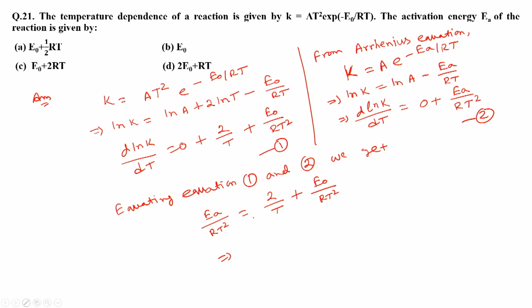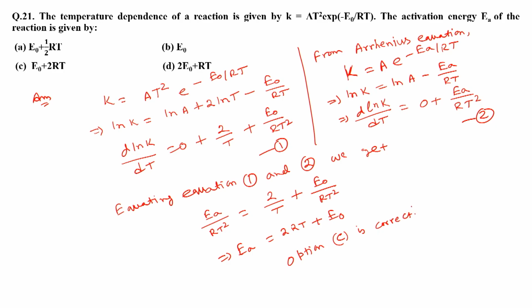So, if we multiply both sides by RT square, we get EA is twice RT plus E naught. Okay, so option C is correct.